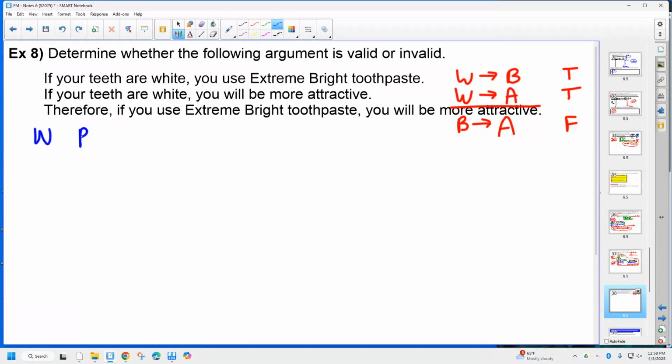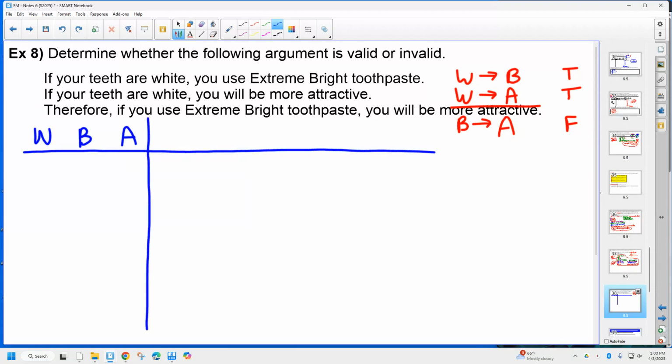So I'm going to go in this order: W, B, and A. It doesn't really matter what order you go in, but that's the order that I wrote them down in: white, bright, attractive. We set up our table with 8 rows.